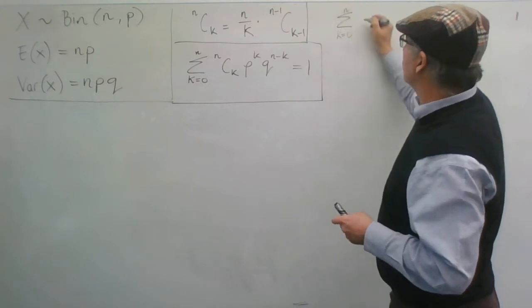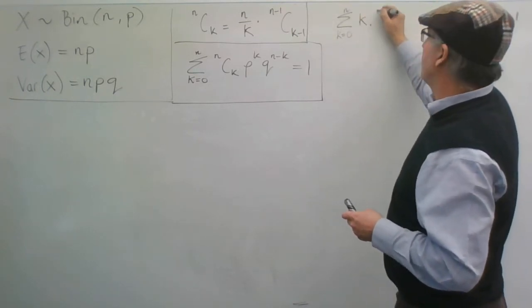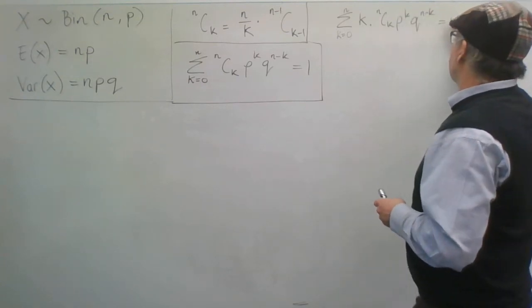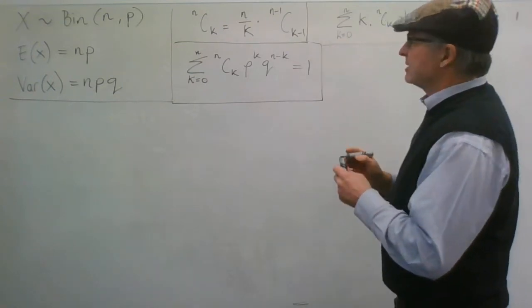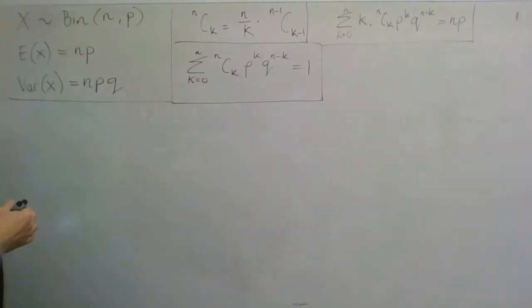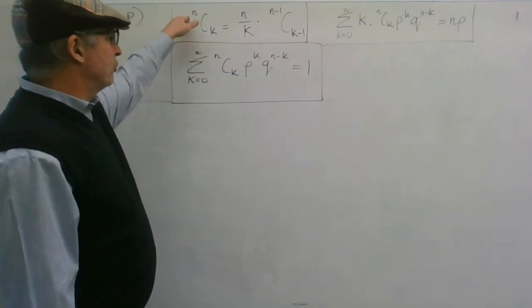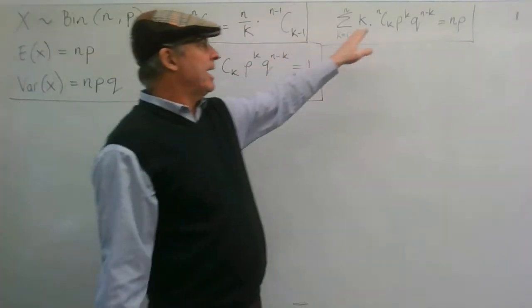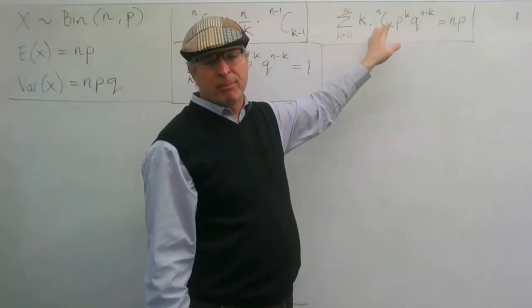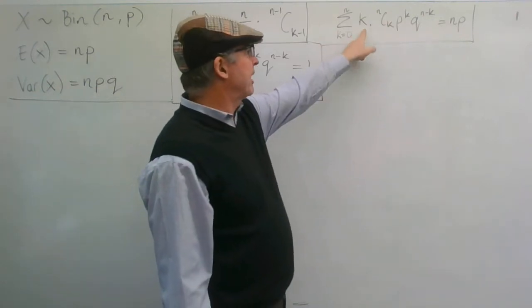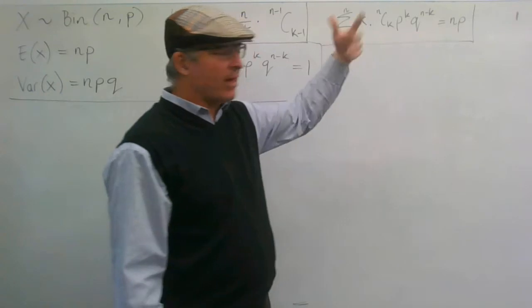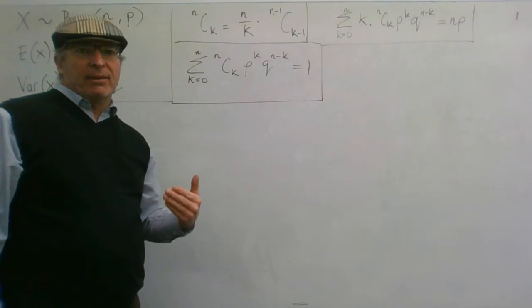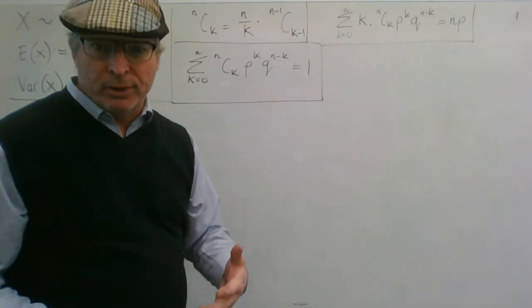So the sum from k equals 0 to n of k times nCk p^k q^(n-k) is equal to np, something we've just established last time. So we use this in our proof. This idea comes up that when you add all the probabilities together, you get 1. And we can use this as well if it ever comes up in the further proof, where the k in there is the only difference, but then that will equal np. So they're the main things that we needed to know before we could get started.